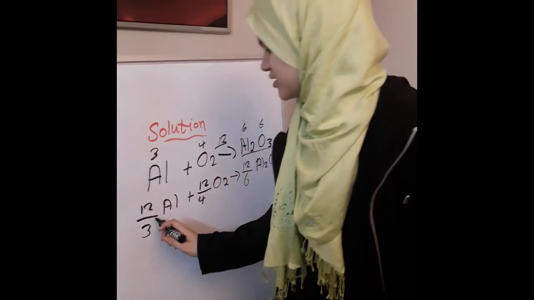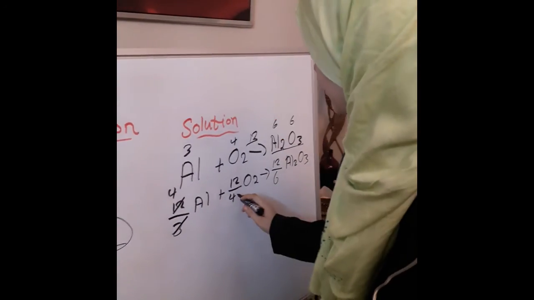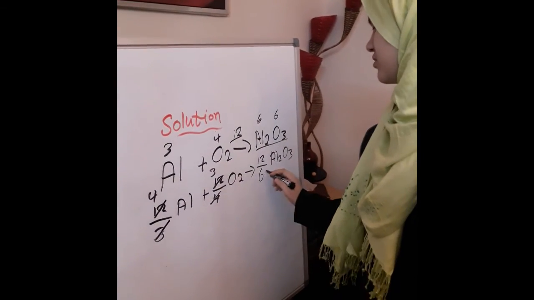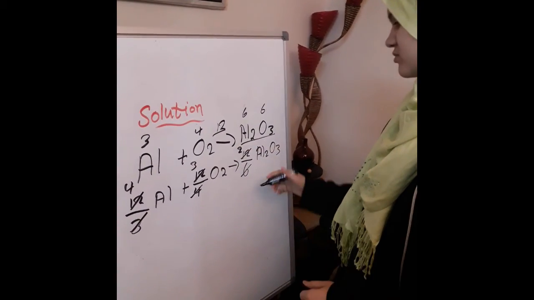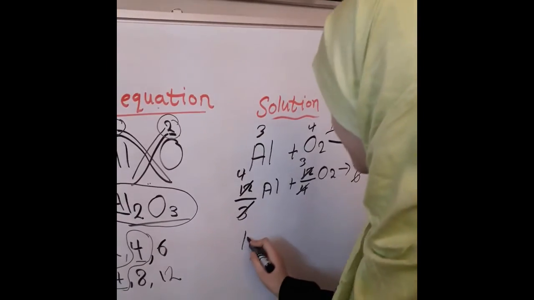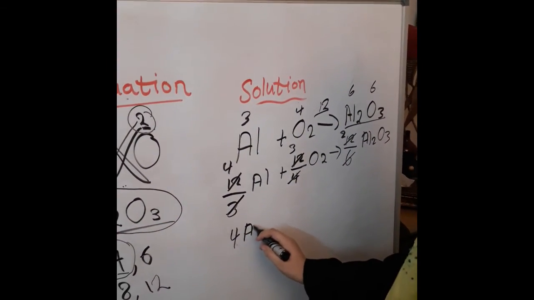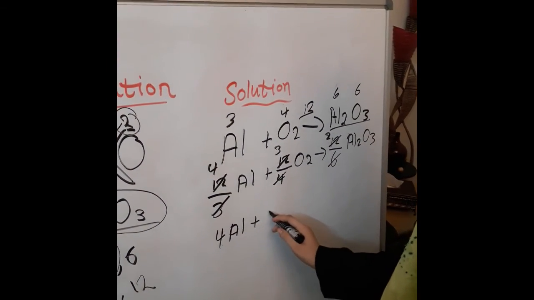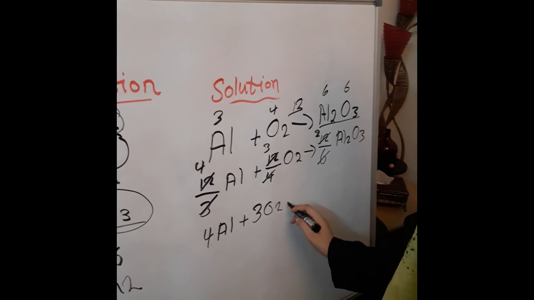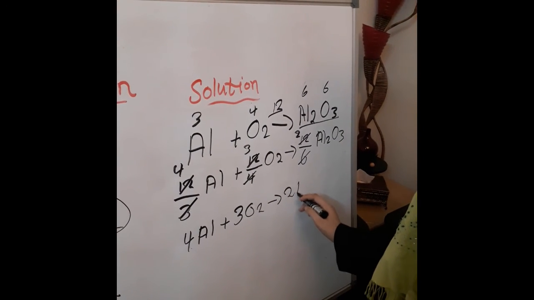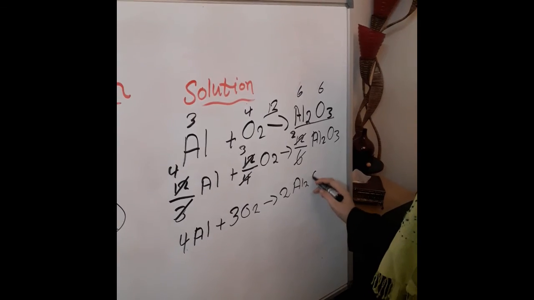After that, we will cut by 3, 4, by 4, 3, by 6, 2. So that means 4 aluminium plus 3 O2 is equal to 2 Al2O3.